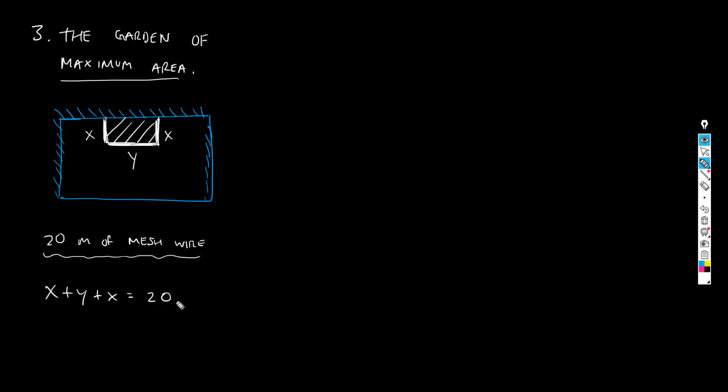For simplicity, I'm going to ignore the units. Mathematics never uses units, that's the realm of physics; in mathematics, we only talk about numbers. So if I simplify, I get 2x plus y equals 20. And this is my first equation that relates my quantities x and y, which are my quantities of interest.